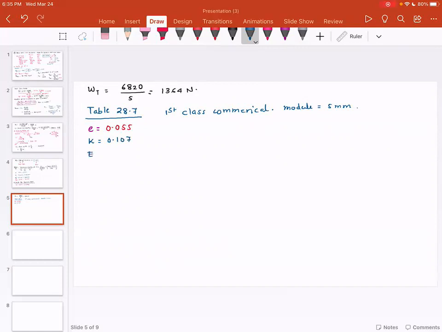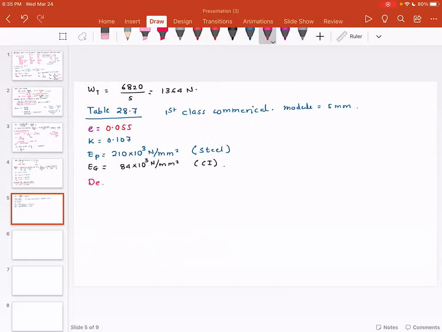The Young's modulus for steel, so pinion, which is made up with steel, so Young's modulus for steel, and Young's modulus for cast iron, and with this we can find out the deformation or dynamic factor.